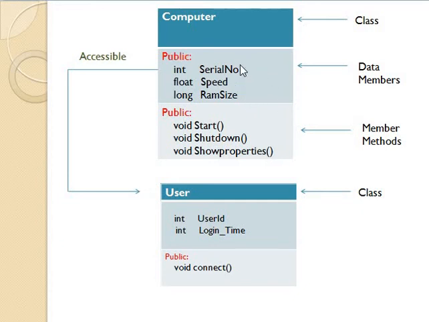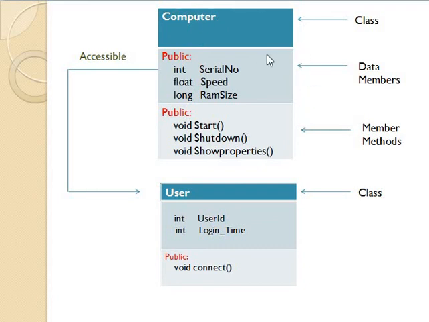But if these data members are declared public as the access specifier, then they shall be accessible within their own class computer and also accessible to any other class declared outside their own class computer.